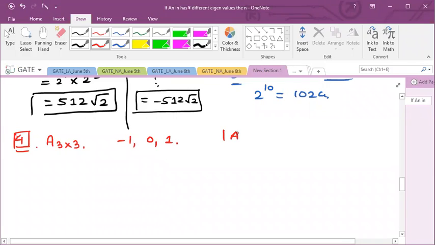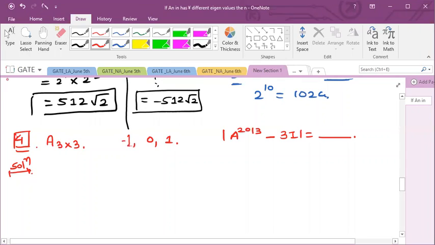Then what will the determinant of A to the power 2013 minus 3I be equal to? This I have to find out.